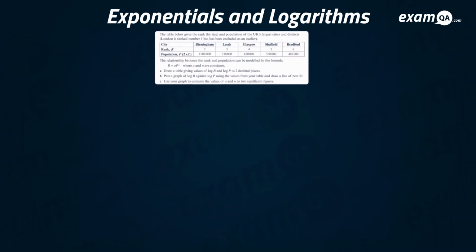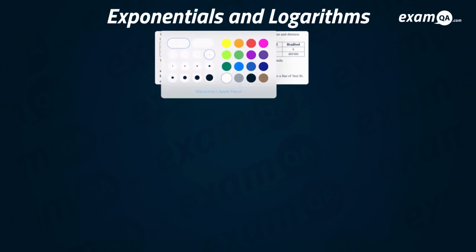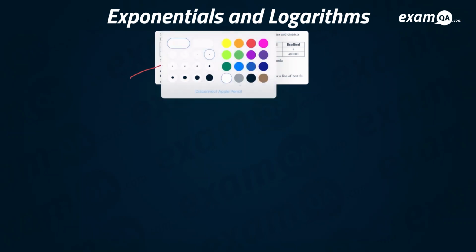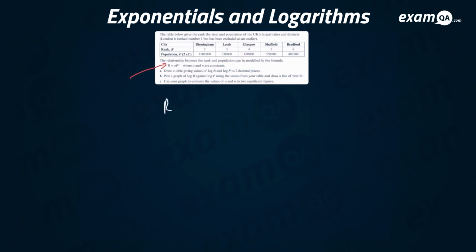So the table below is some information about cities, ranks, and population. Okay, let's have a look at this. This is the interesting part. They say that R equals a p to the power of n, where a and n are constants, so they're just numbers.